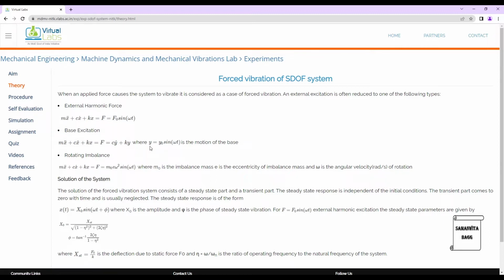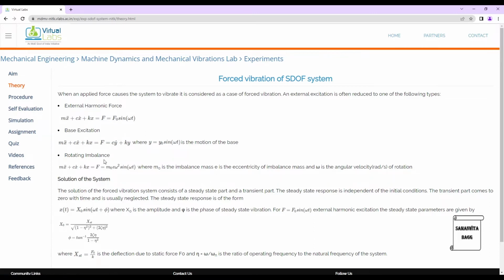This y can be of the form y naught sine omega t. It is the motion of the base. Again, this is a sine kind of input given to the displacement effect. Its velocity can be considered here, and this total equation is nothing but the force, which is the base excitation given to the system.